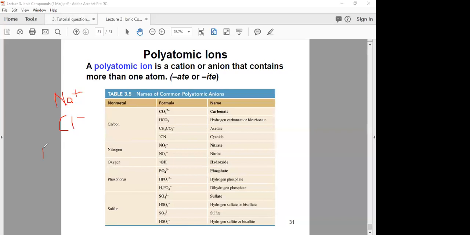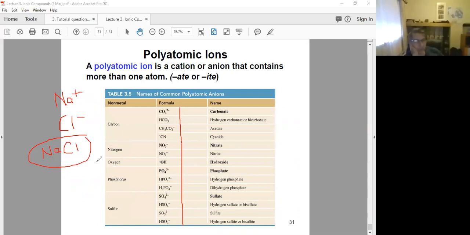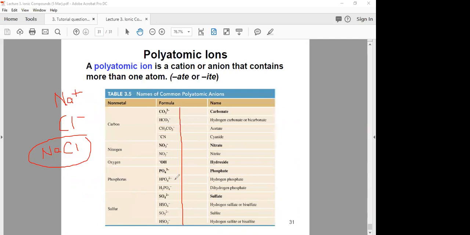But when we put them together, as such, they're neutral, zero charge. Have a look at these examples here. What's the difference? They still have a negative charge, so they're not neutral. They're still carrying charges.